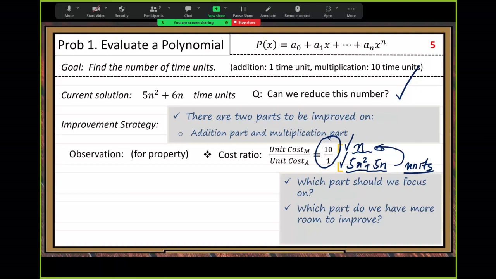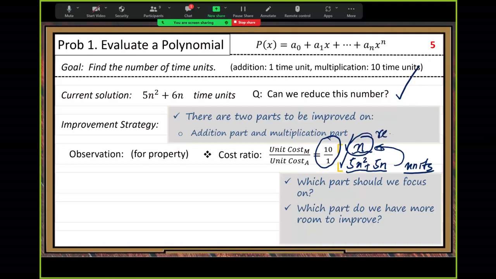Multiplication, definitely. Based on your intuition, for the addition part, the most you can improve is that you cannot reduce the time units by more than n.